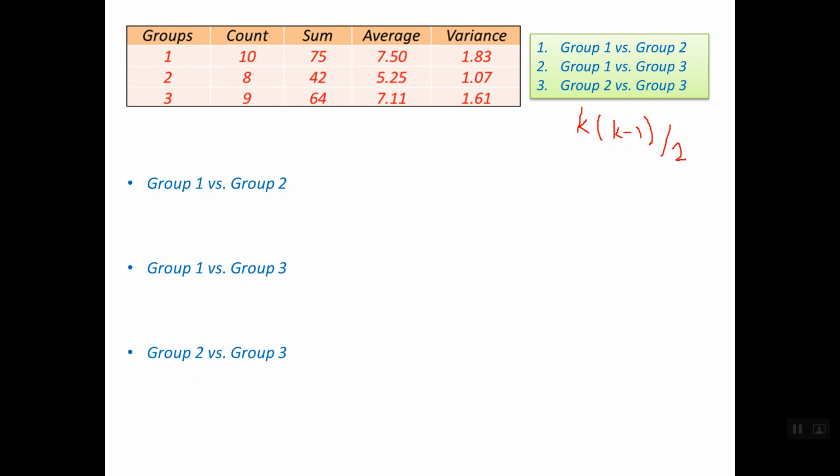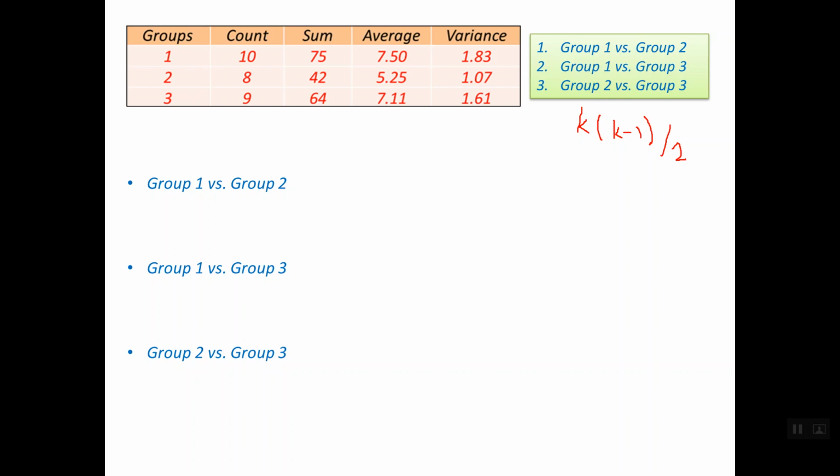So k in this case is 3. So 3 times 2 is 6, divided by 2. We have 3, so we have three pairs. The first one is group 1 versus group 2, the second one is between group 1 and group 3, and the third and last one is the difference between group 2 and group 3.